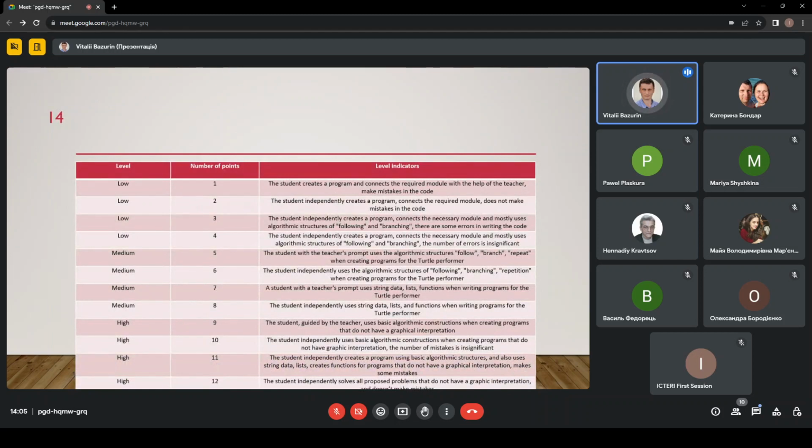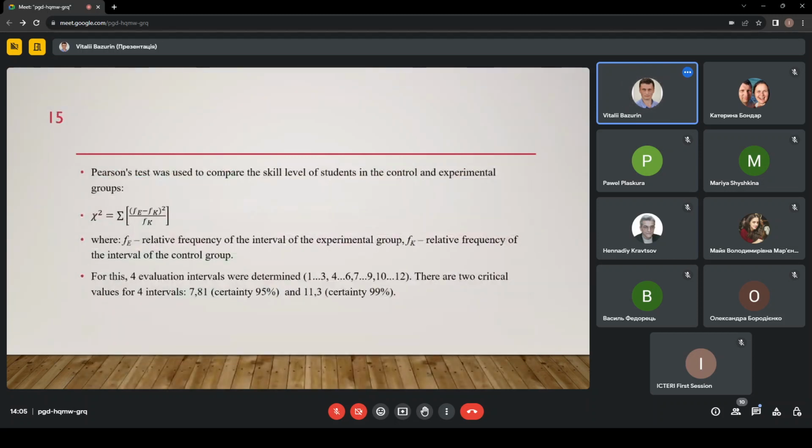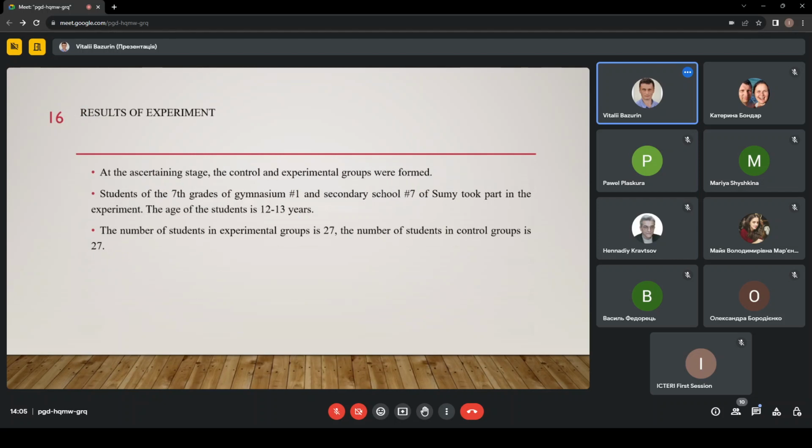This slide shows the criteria for evaluating the level of development of the ability to solve programming problems. The Pearson test was used to compare two samples. At the ascertaining stage, the control and experimental groups were formed.